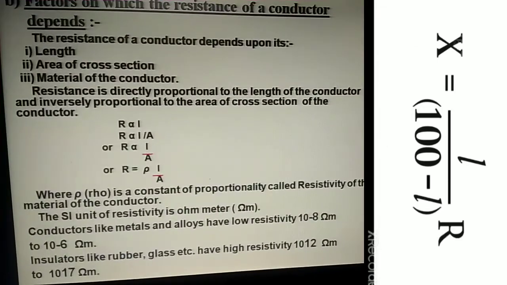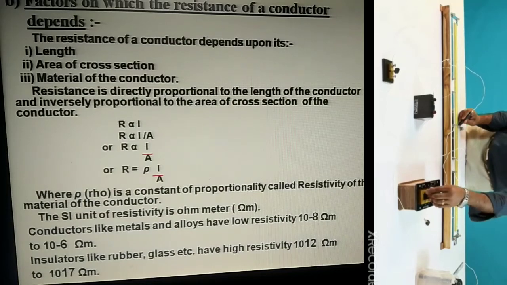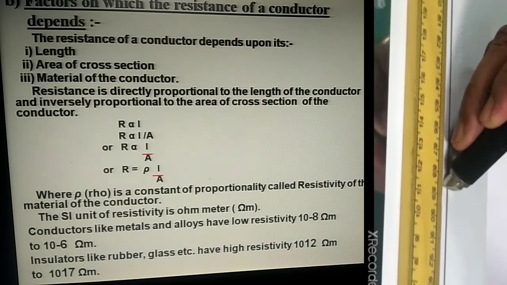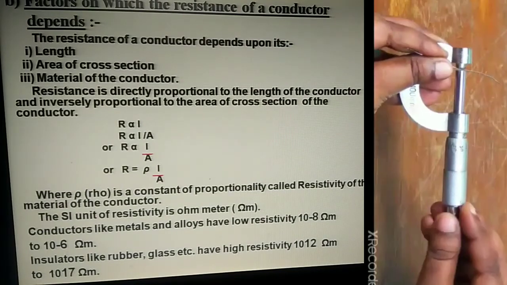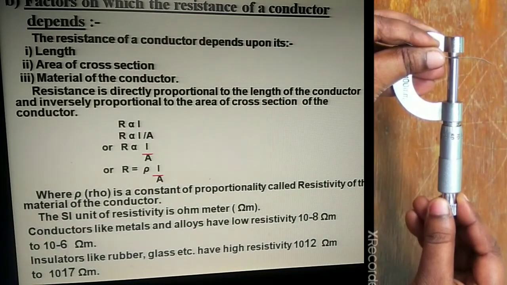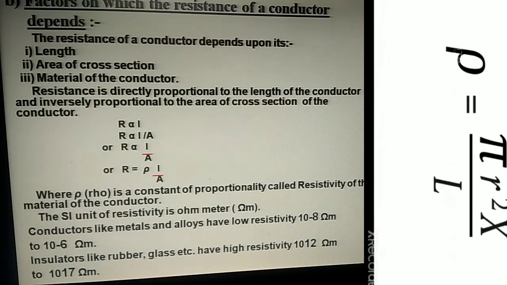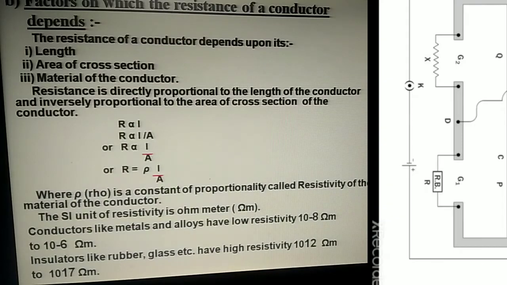The resistance of a conductor depends upon its length, area of cross section, and material of the conductor. Resistance is directly proportional to the length of the conductor and inversely proportional to the area of cross section of the conductor. R is proportional to L, R is proportional to 1 by A, R is proportional to L by A, R is equal to rho L by A, where rho is a constant of proportionality called resistivity or specific resistance of the material of the conductor.